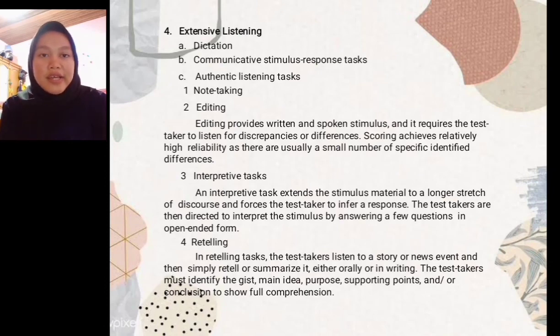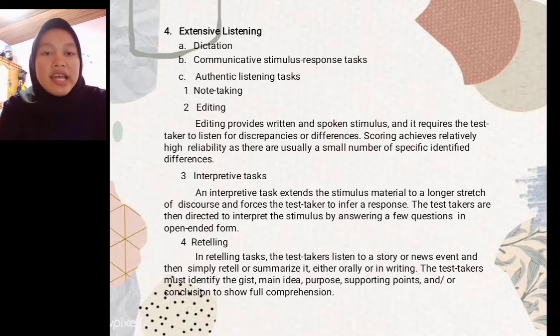So, in interpreted text itu, murid akan diminta menyimpulkan dari apa yang sudah didengarnya dengan cara menjawab beberapa pertanyaan in open-ended form di awal atau di akhir bentuk ya.